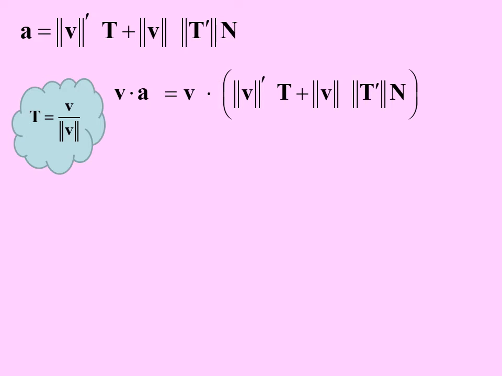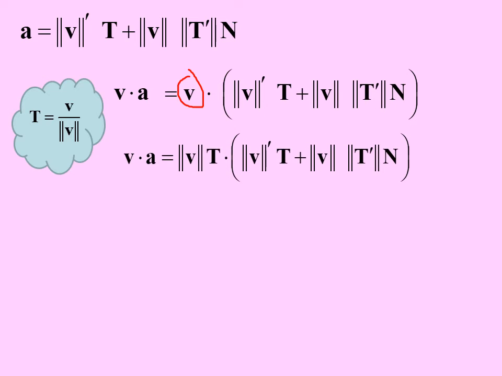That allows us to write v as the magnitude of v times the unit tangent vector. So we'll do that, and then we'll use the properties of the dot product, the associative property.